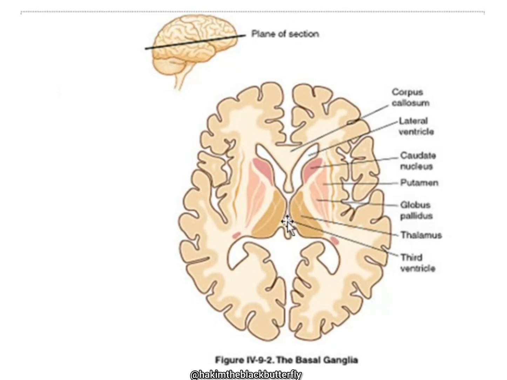and we can see that the third ventricle is communicating with the lateral ventricles. Remember, the lateral ventricles have an anterior portion and a posterior portion. So here we are seeing the third ventricle connecting with the anterior portions of the lateral ventricles through what we call the interventricular foramen.